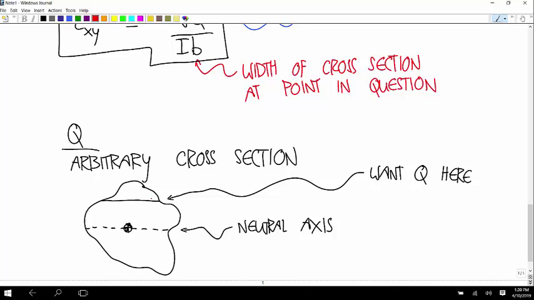Then take the area that's above that line and locate its centroid. So this is the centroid of the whole cross section. This is the centroid of the area above that line.